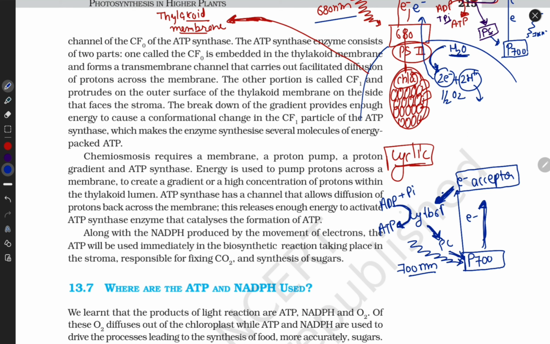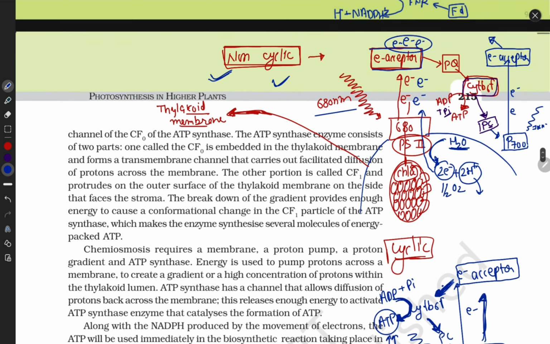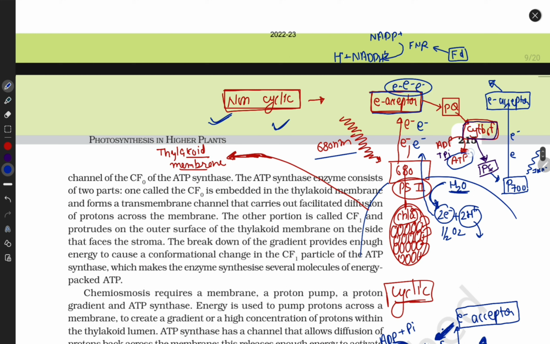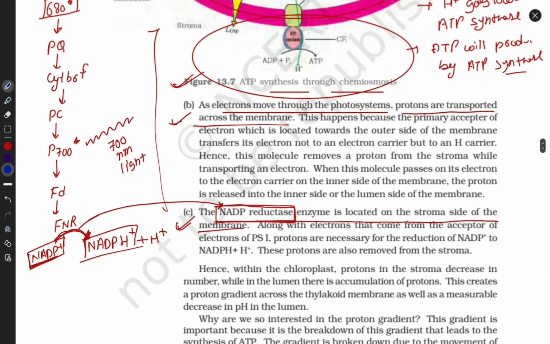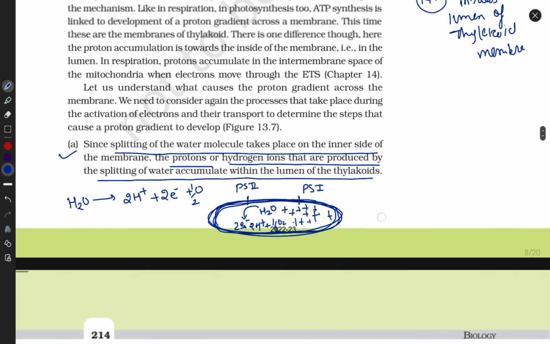So in the cyclic pathway we get lots of ATP, but in the non-cyclic pathway we get ATP and NADPH also. So that's all about our quick revision and the chemiosmosis hypothesis.